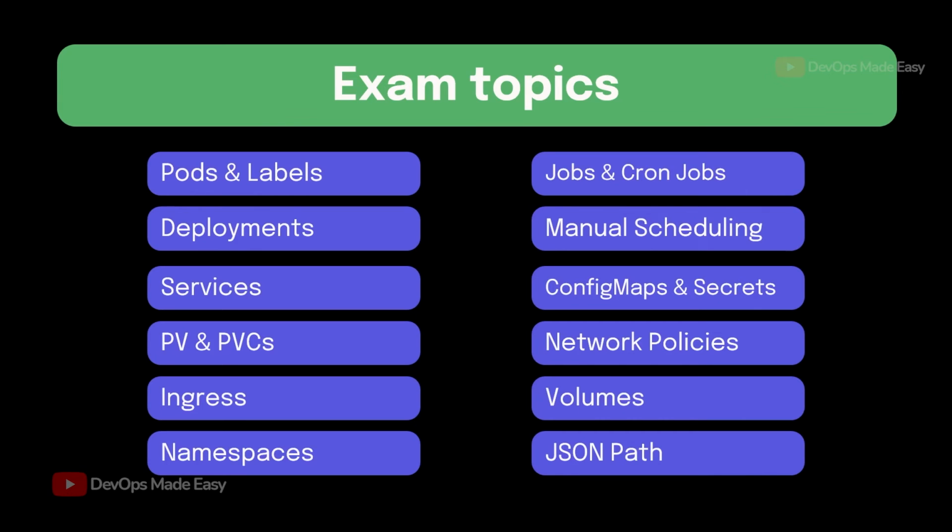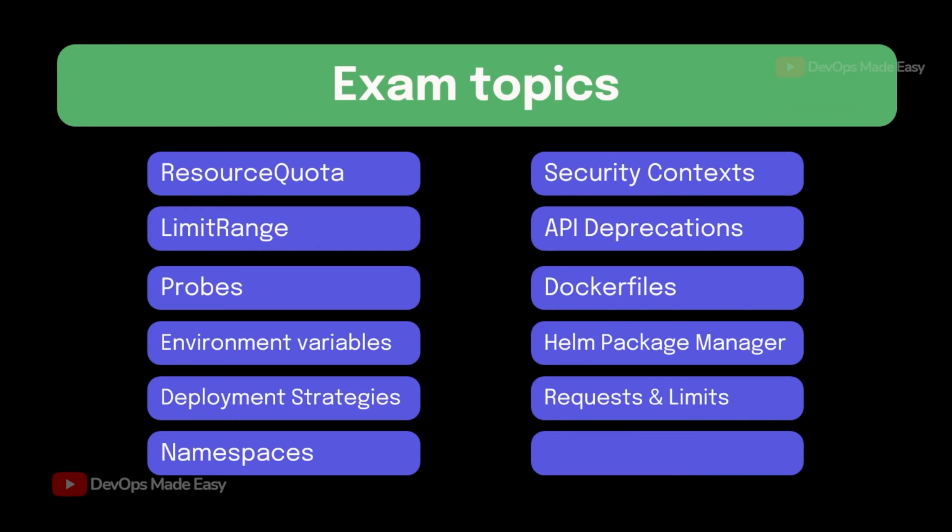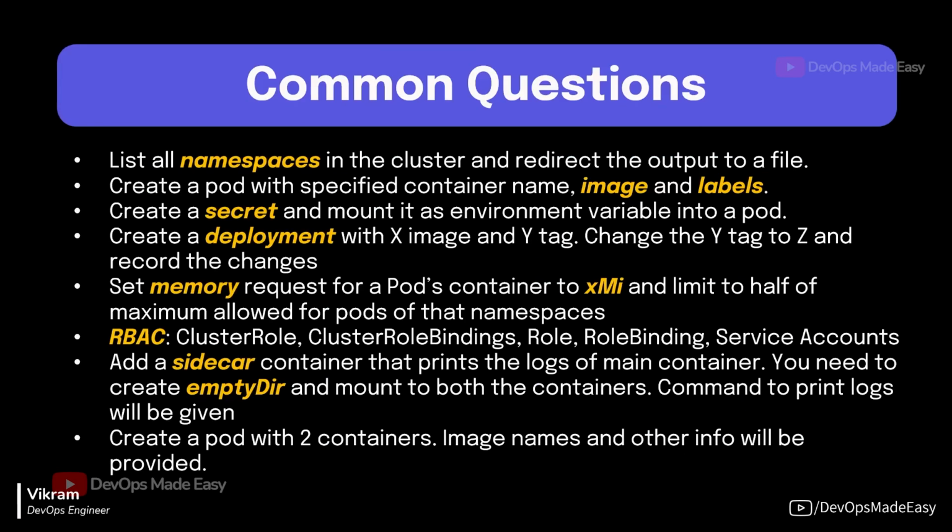So config maps and secrets, network policies, volumes, JSON path, resource quota, limit ranges, probes, environment variables, deployment strategies, namespaces, security context, API deprecations, working with the Docker files, working with Helm package manager, requests and limits. So these are the various topics that are going to be tested.